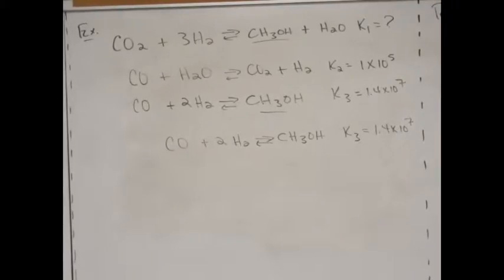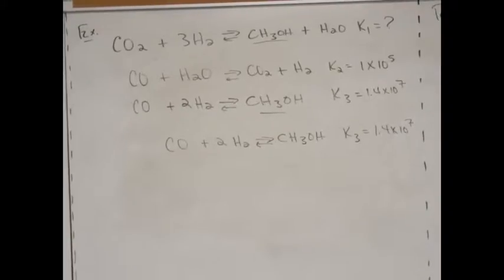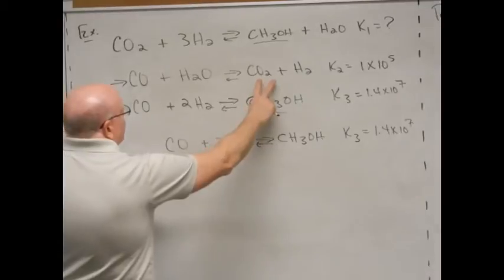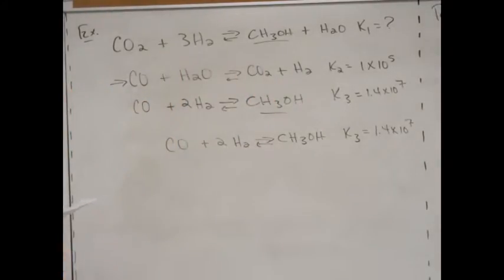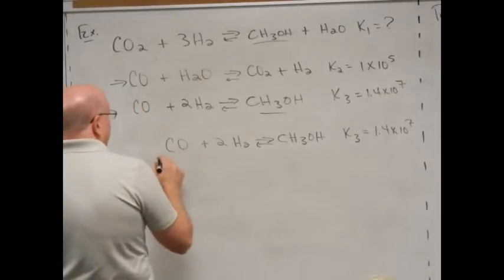If we look at the second reaction, in order to get it to work, we have H2 and CO2, which are actually in the front of this reaction here. So we're going to have to spin those around to get those to work. Take this reaction in the opposite direction.